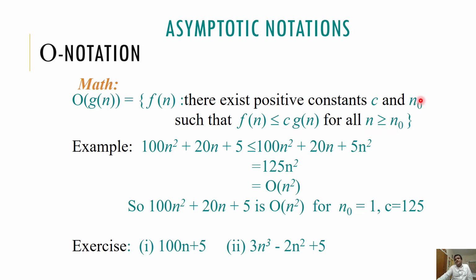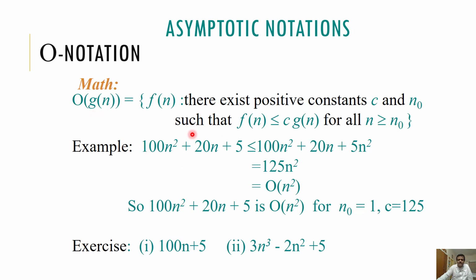So, there should exist an n0 and a positive constant c, such that for all n greater than n0, which is the way to define the limit of n tending to infinity, this means for large n, f(n) is less than c times g(n). Then we say f(n) belongs to O(g(n)). So, this is the mathematical definition.